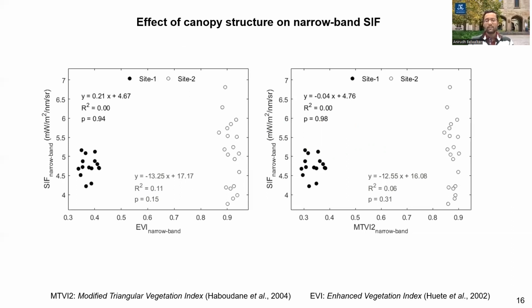Both vegetation indices show weak and non-significant relationships with narrowband SIF, which implies that narrowband SIF was not affected by the canopy structure, and the variability observed in SIF was due to subtle changes in physiology across the different treatments.